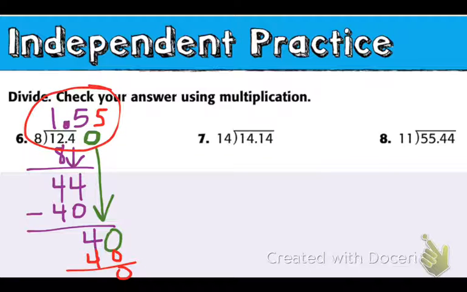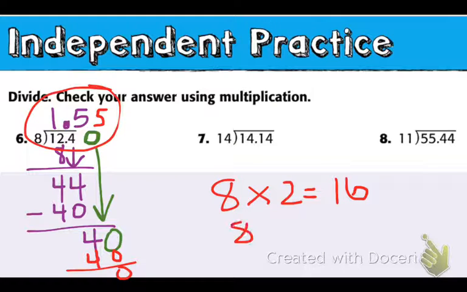Well, my divisor was 8, so I can multiply 8 times that 1.55, or 1 and 55 hundredths. Well, that's pretty close to 2. So my answer should be close to the whole number 16. Well, that's not really going to work.